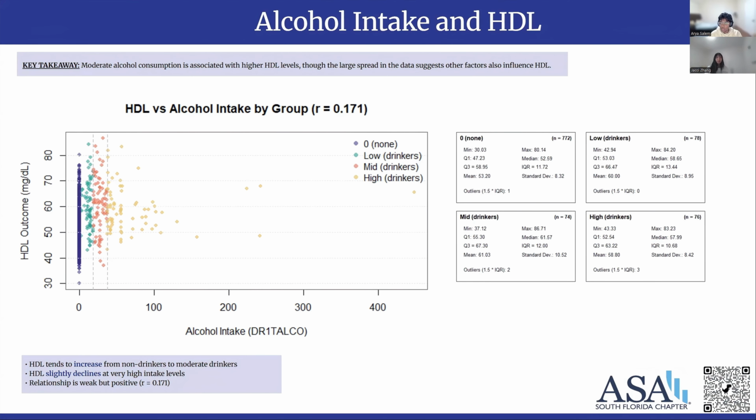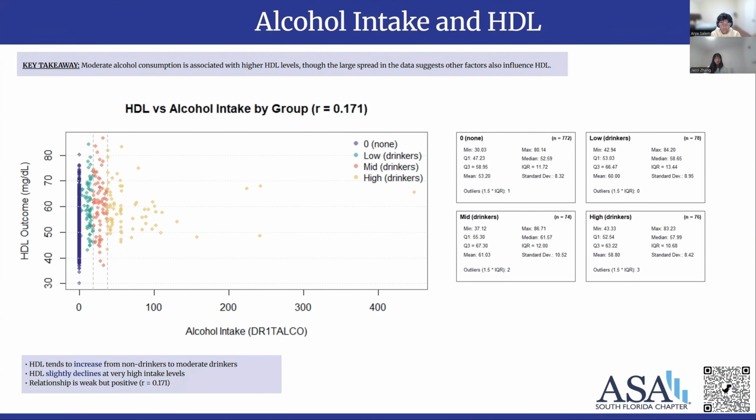The scatter plot that we chose shows how HDL levels compare to alcohol intake for individuals in our data set. Each point on the scatter plot, as you can clearly see, represents an observation, and the colors indicate different alcohol consumption groups. So, as we can see from this visualization, HDL levels tend to increase from non drinkers to drinkers, with a balance out with the moderate drinkers.